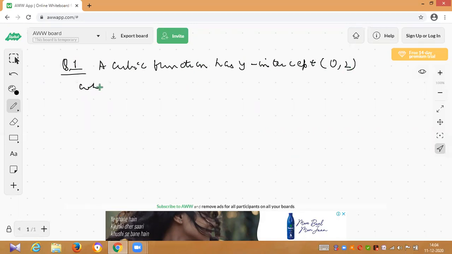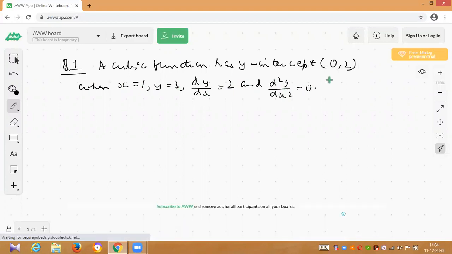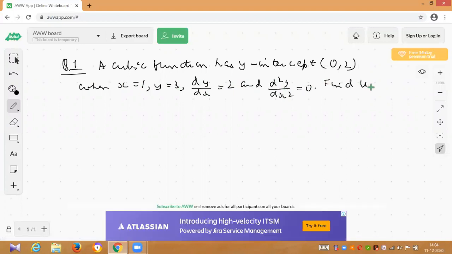When x equals 1, y equals 3, dy by dx equals 2, and the second order derivative d2y by dx2 equals 0. You have to find the equation of the original curve.